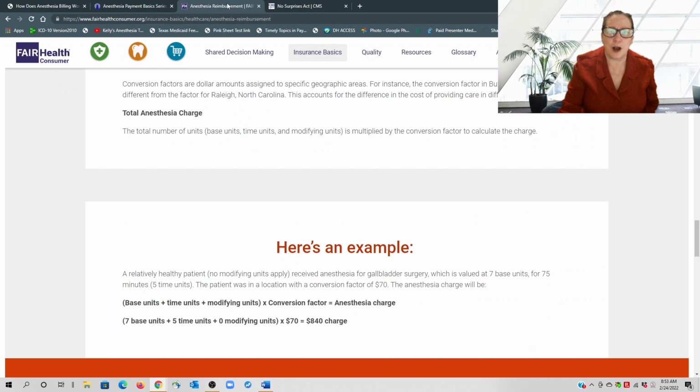Now I want to hop us back over here to the Fair Health Consumer, so you can see that for a commercial insurance, this is just an average, and it's in fact below the national average for payment. Where you're looking at a $20 to $25 range with Medicare, with commercials you should be looking somewhere from $70 to about $150 for what they will pay for services, or higher or lower.